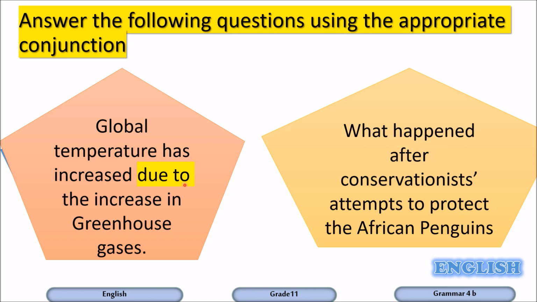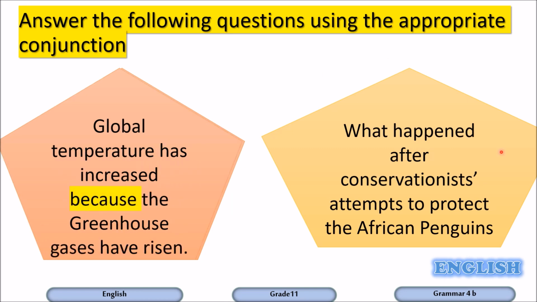So due to requires a noun or a noun phrase. So the increase in greenhouse gases is a noun phrase, and we cannot use a verb here. We can also say global temperature has increased because, and here we need a subject plus a verb, because the greenhouse gases have risen.